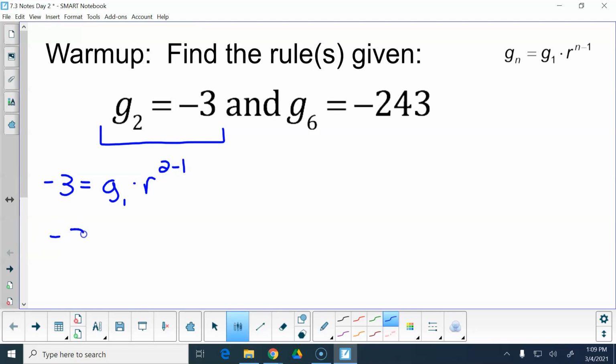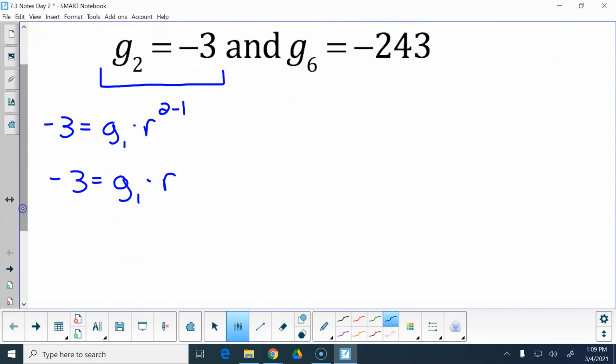So the first one gets me negative 3 is equal to g sub 1 times r. If I solve that for g sub 1, I would get negative 3 divided by r.